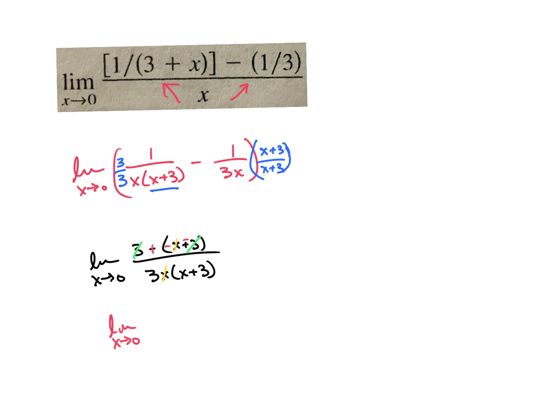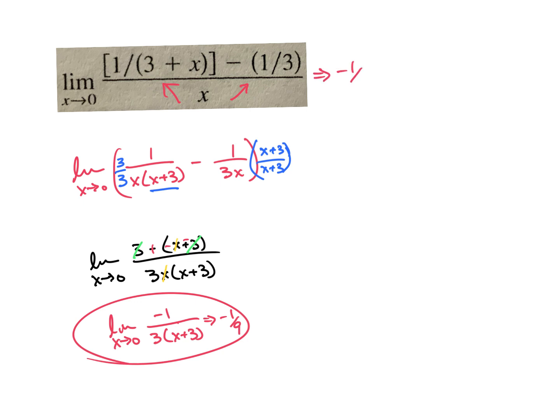Not negative x, but negative 1 over 3 times x plus 3. That's my simpler function. And so now we substitute in 0. When I substitute in 0, what do we get? Negative 1/9. All right. And so my limit of my original is also negative 1/9.